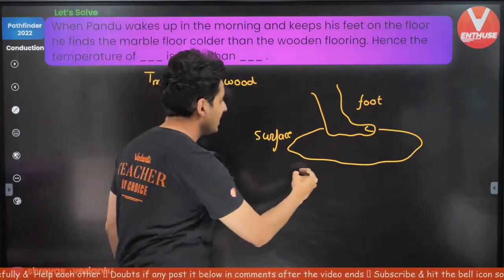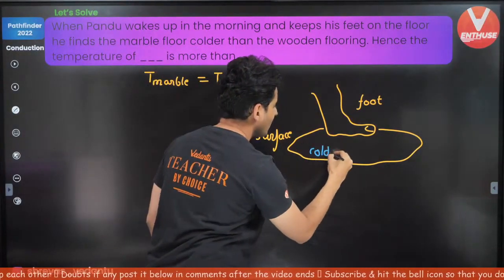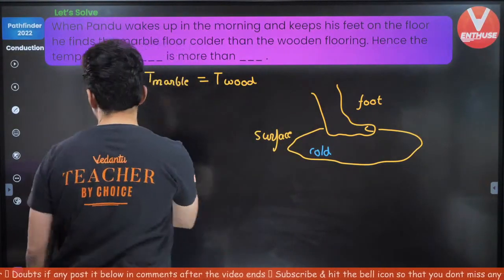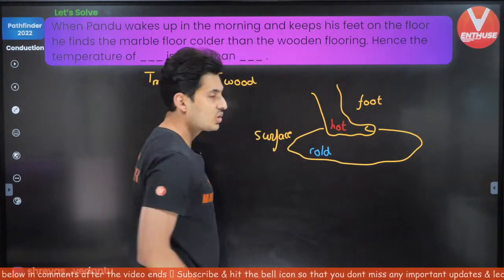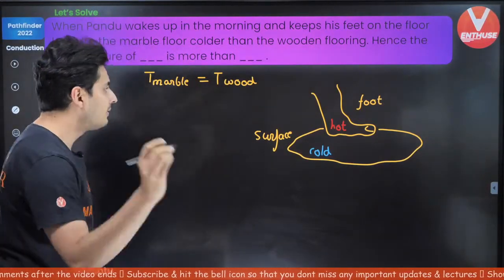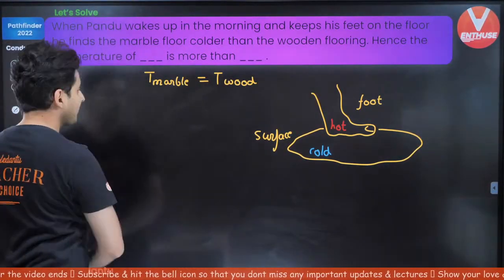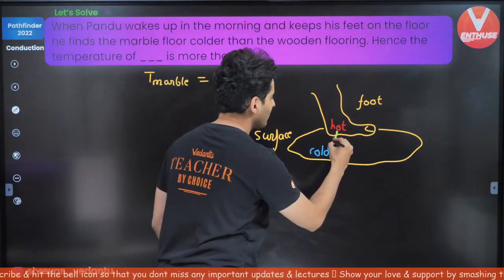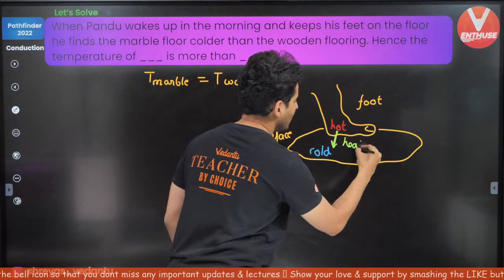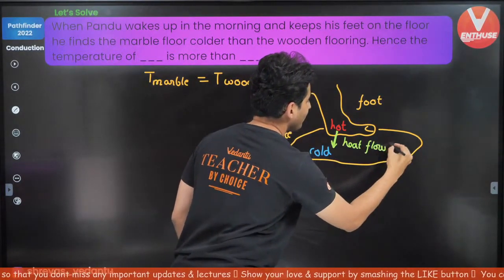The surface is actually cold. Your body is hot, right? Your body is actually hot. So what will heat do? Heat will flow. And where will heat flow from? Heat always flows from hot to the cold side. Correct? So this is the direction of the heat flow.